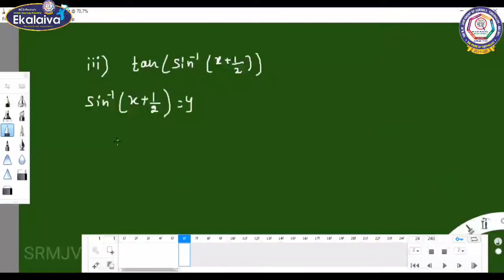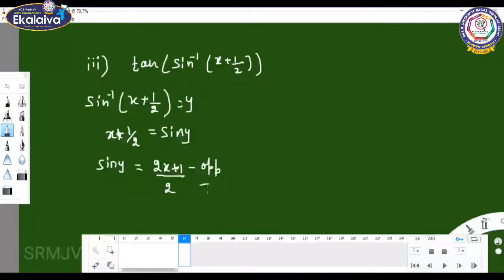So you can take it as x plus 1 by 2 equal to sine y. Sine y equal to 2x plus 1 by 2. That is opposite side by hypotenuse.